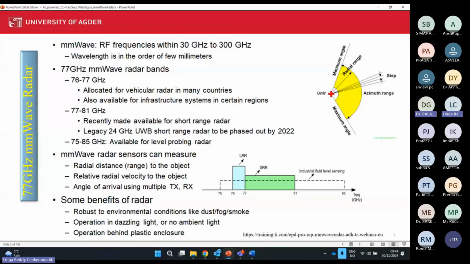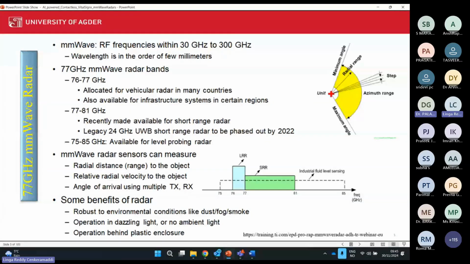So range in the sense, the shortest range from the radar to the object. That is what is called a radial range, the shortest path that can be drawn between the radar and the object. If there are 10 objects or 10 targets, then we can measure those ranges very accurately.